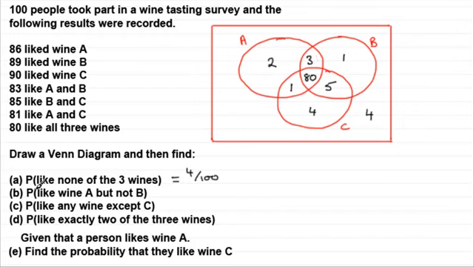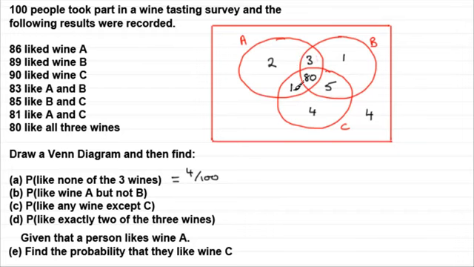B. Probability that we have someone that likes wine A but not B. Where's that going to be? Well, certainly these 2 people like wine A but not B because they're outside of the B region.